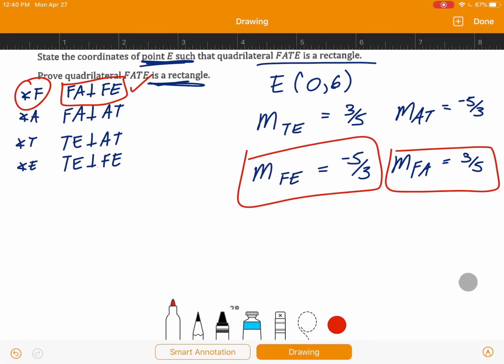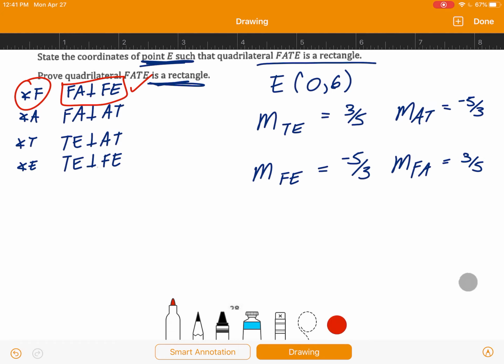So we have 1 right angle so far. Then if you look at angle A, it has FA and AT. Both of those are also negative reciprocals, which means that this is perpendicular and this is also a right angle.